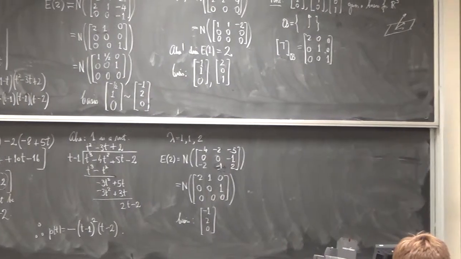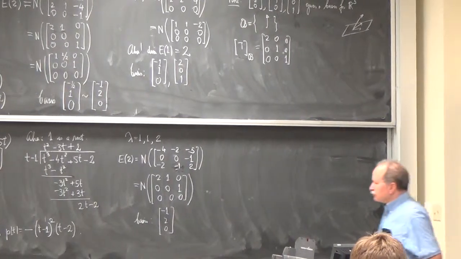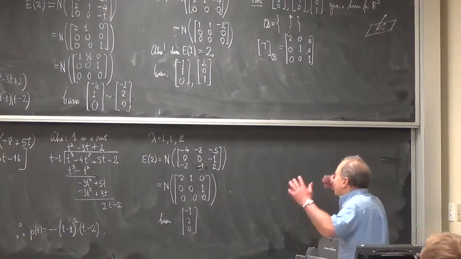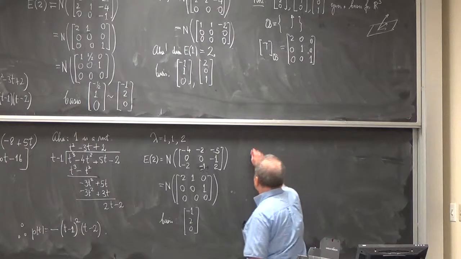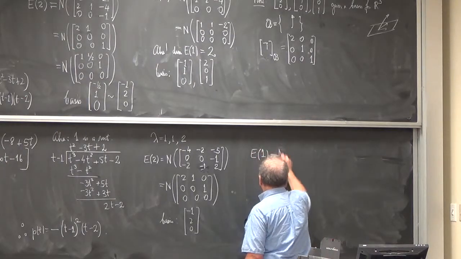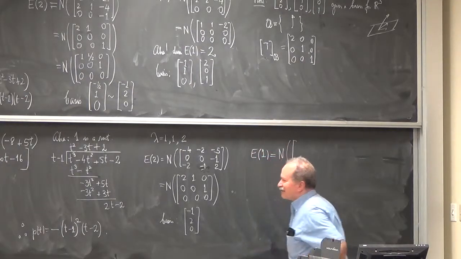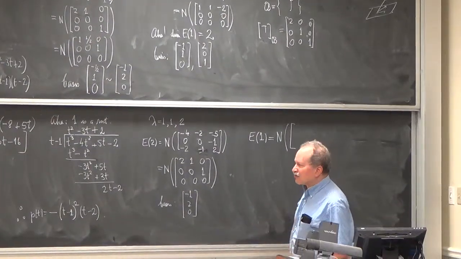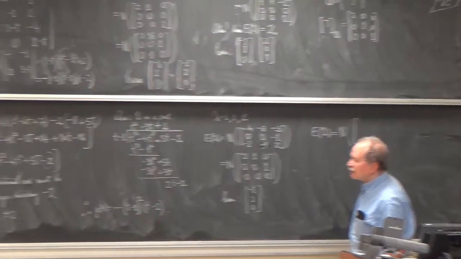Sorry, you may have said this, but if we have a repeated eigenvalue, should we expect repeated eigenvectors? Should we expect dimensions? Gosh, you people, be patient. E of 1, null space of... well, what matrix? Subtract 1 from the diagonal.